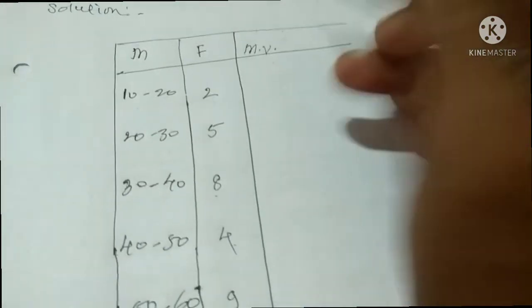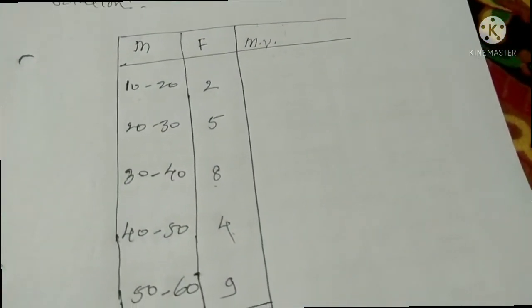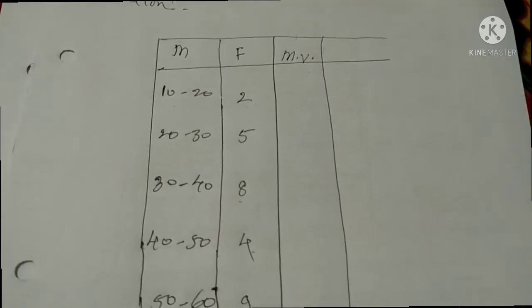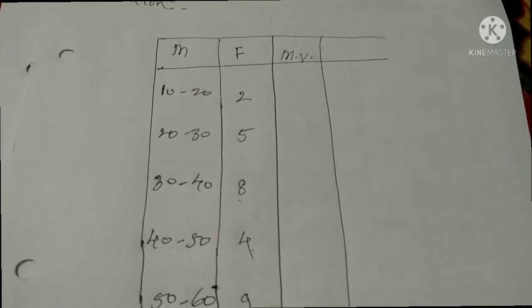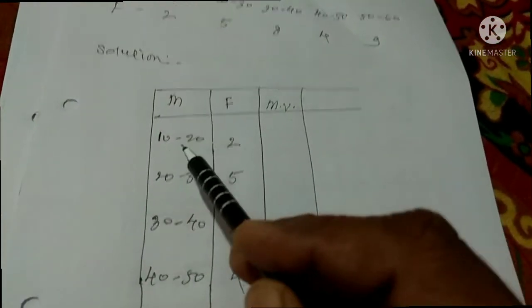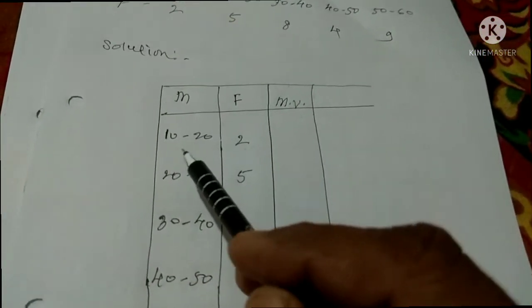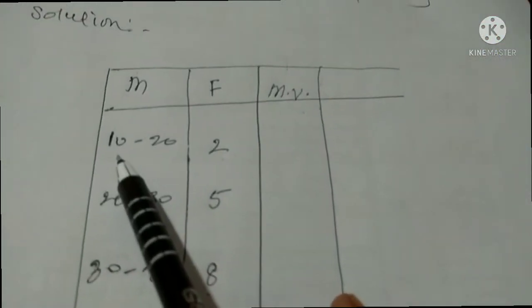So what should we do for making the MV series? How to calculate MV? So there is a 10 and 20.